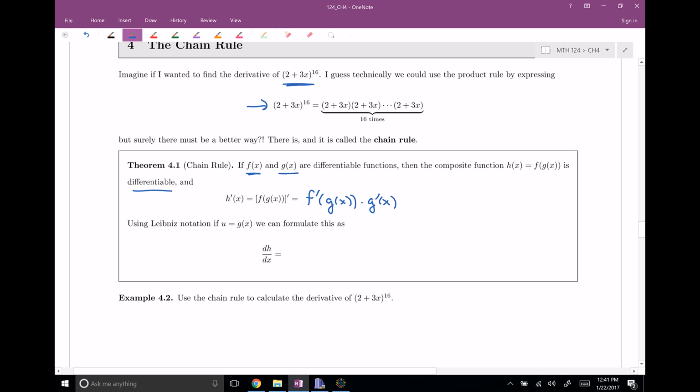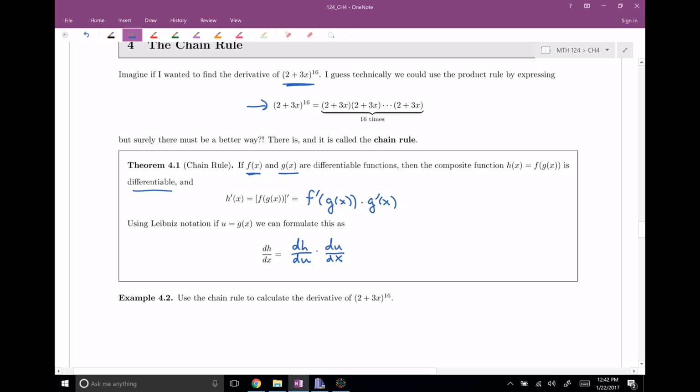Now, actually, this looks pretty darn slick when you use the Leibniz notation, right? Remember, we brought this up here in 3.6. If we set g of x equal to u, just using this little placeholder variable, u is g of x, then we can formulate this as the derivative of h with respect to x equal to the derivative of h with respect to u times the derivative of u with respect to x.